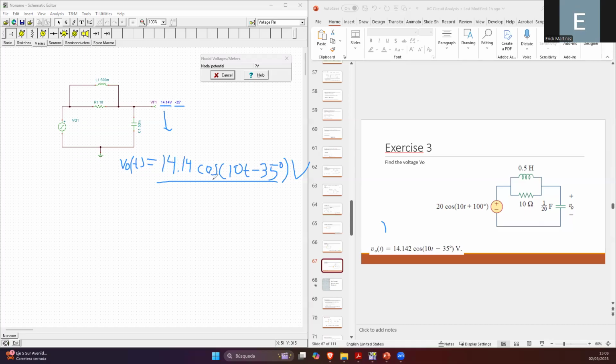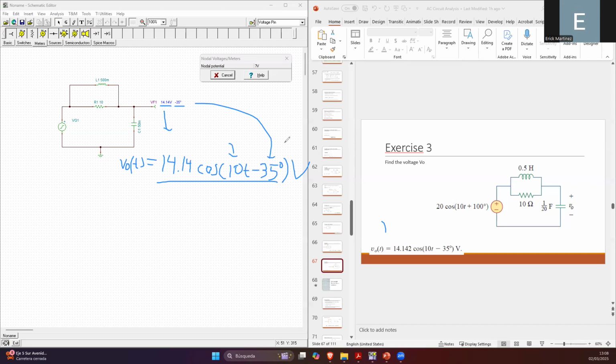You need to express the sinusoidal as a cosine function. You need to place the value of the frequency in radians per second times the time. And the angle of the phasor is the phase angle of the sinusoidal, and you need to respect the negative sign of this phase angle, and that's it.